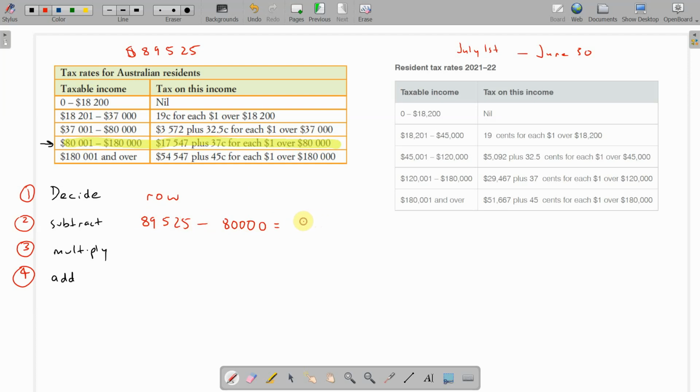And that's an easy one for this one, $9,525. The reason we do that is we need to know this so we can multiply it by this.